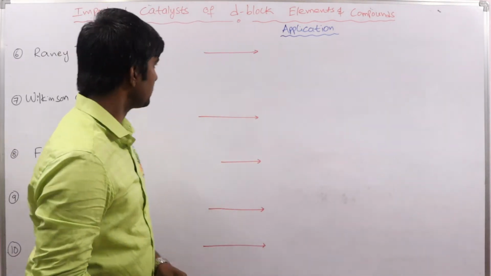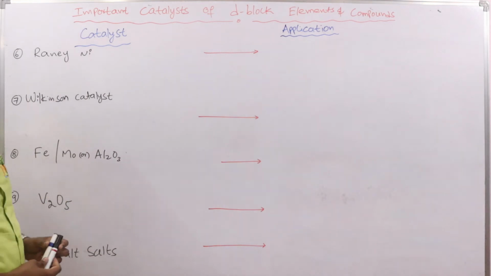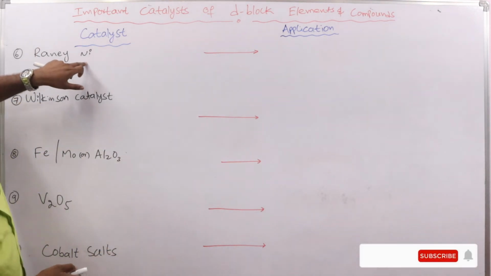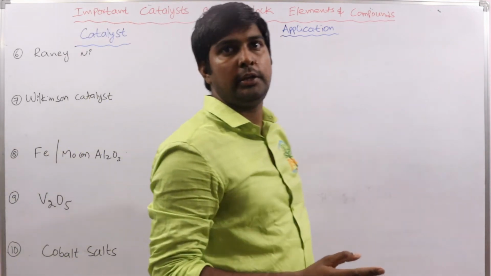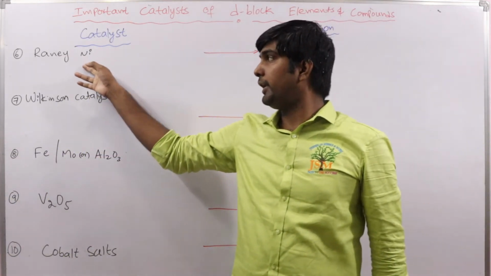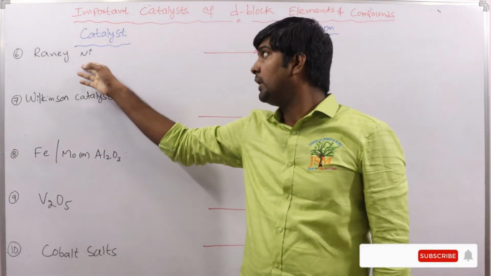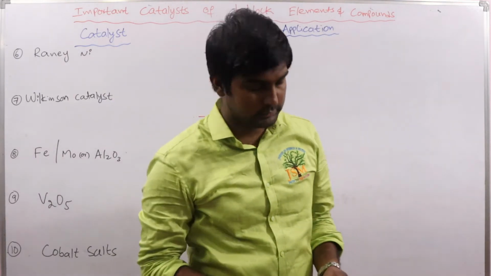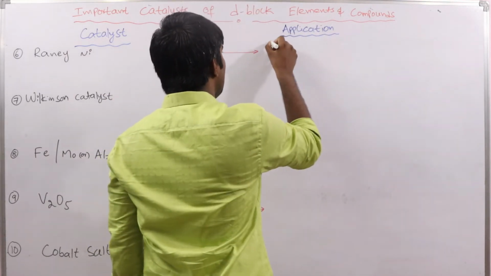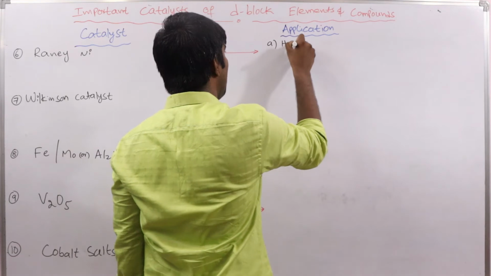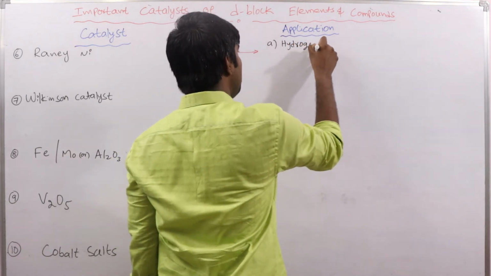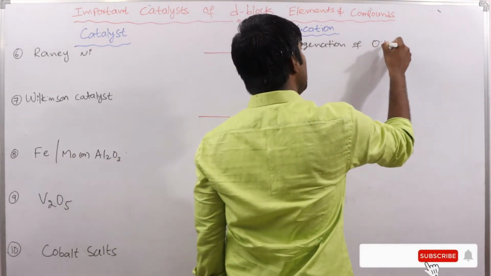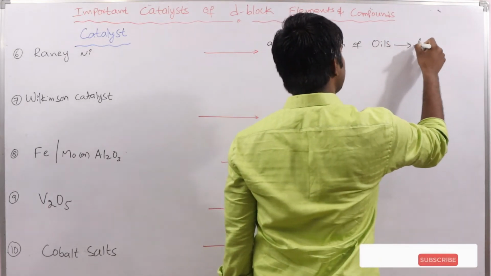So let us see some other important catalysts and their applications. First here, Raney nickel. It is useful in many reduction reactions. Very important this one. Among them, hydrogenation of oils into fats.